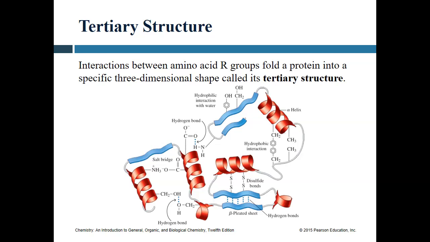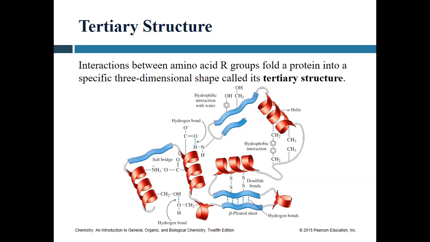We also have the capability of what are called salt bridges, where we have an interaction between the ionic portions of the amino acids attracting each other based upon a positive and a negative attraction, like an ionic bond would be.